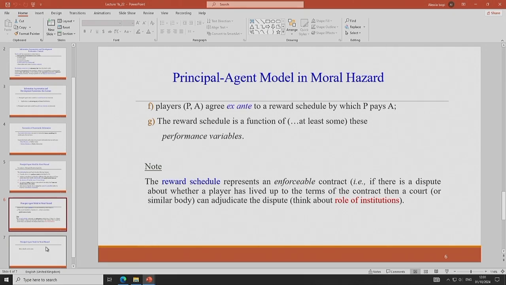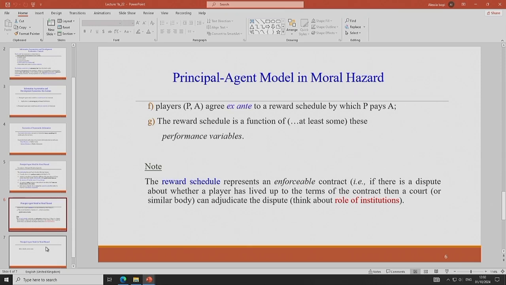Okay? The only way that the principal has to modify and eventually induce incentive, we will see how that becomes crucial, especially when information is incomplete, is via this.